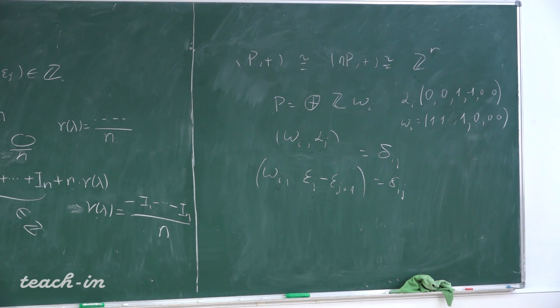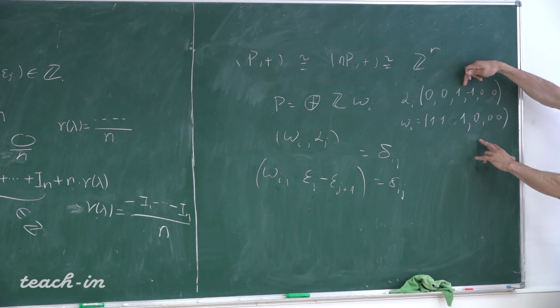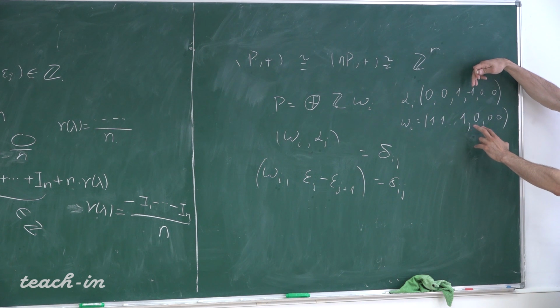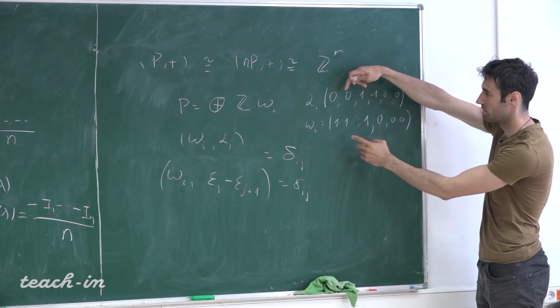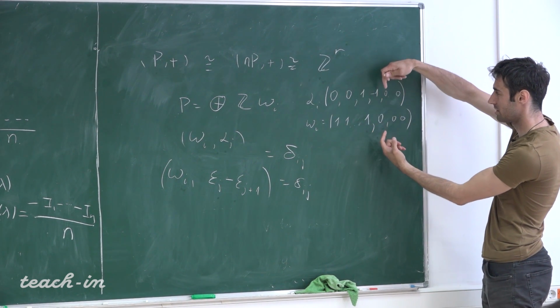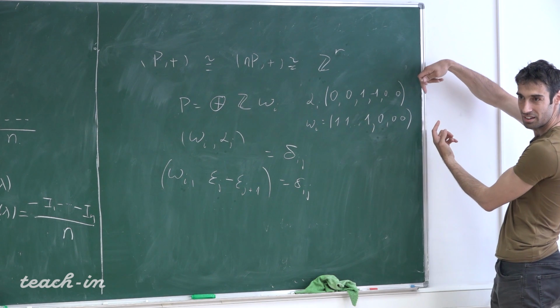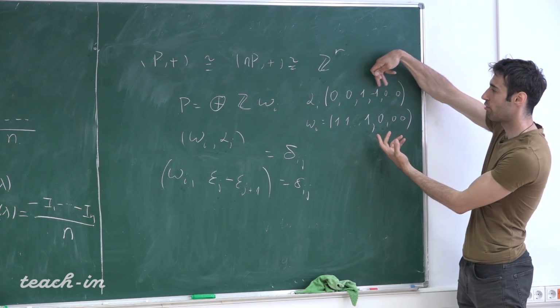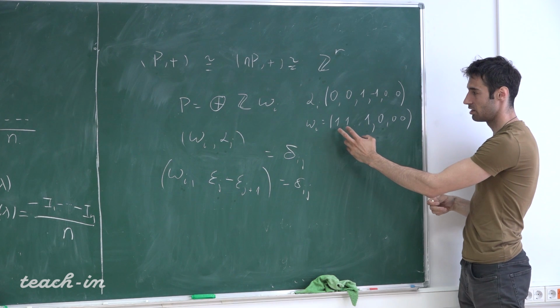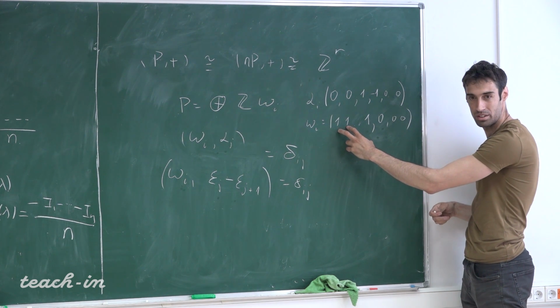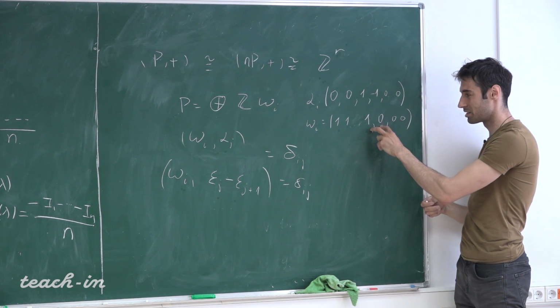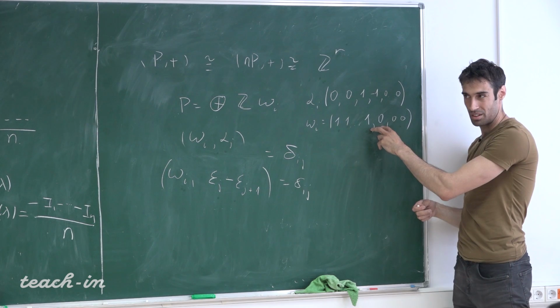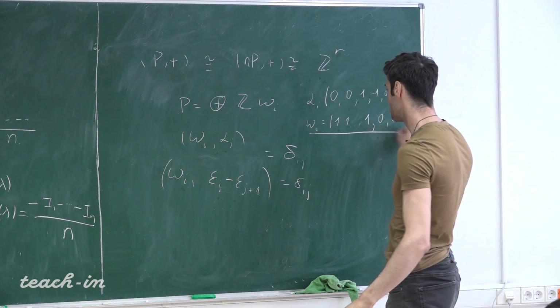So this is your omega i. Because when you compute the scalar product, alpha i gives you the difference between this one and this one, so it will be 0, 0, 0, then 1 minus 0, and again. If you take some alpha j, it will give you the difference between 1 and 1, 0, or between 0 and 0. So the only difference that matters is this one, 1 and 0. It gives you delta ij. So your fundamental weights are like that.